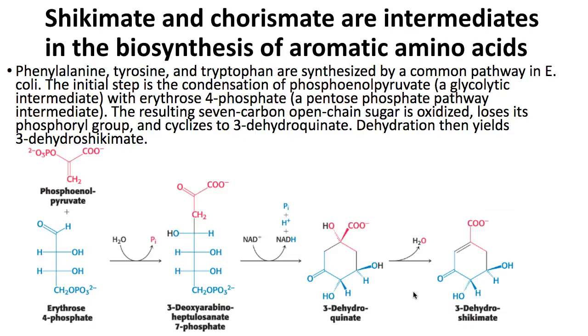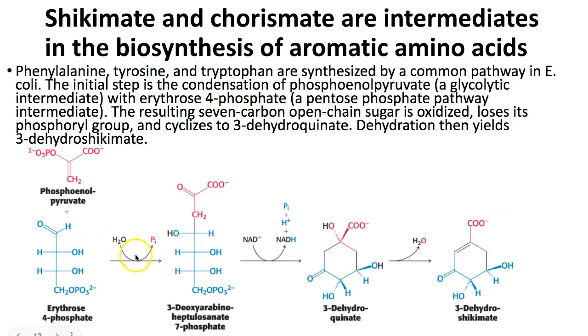And then now, finally, you have the biosynthesis of aromatic amino acids, and how that happens is you have this phosphoenol pyruvate do a condensation type of reaction with erythrose 4-phosphate.